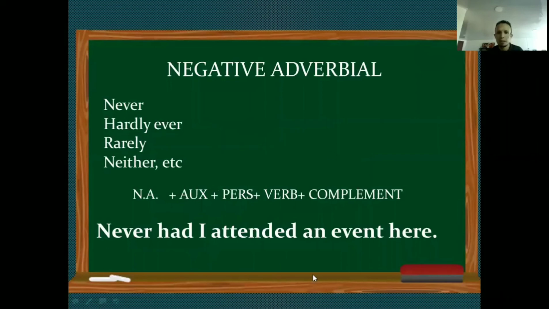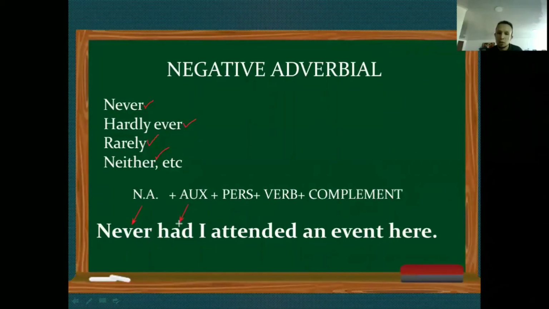So what happened with the negative adverbial? The negative adverbial is used when we have a word like never, hardly ever, barely, neither, or any other negative word at the beginning of a sentence or when we are going to start an idea. In that way, the way we construct the sentence is the following. First of all, I need to use the negative adverbial, for example, never.